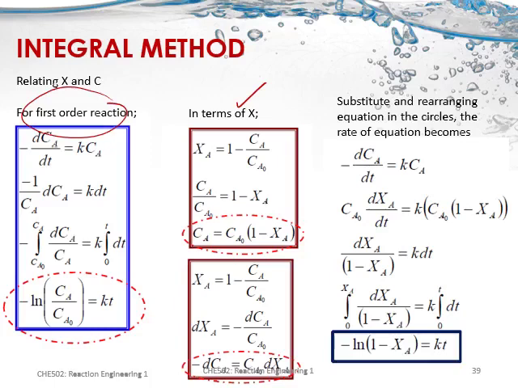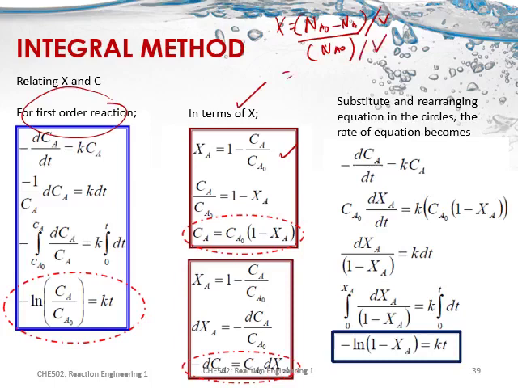Okay, how? We already know the relationship between X and C. Upon rearranging, for a batch system, it actually comes from X is equal to NA naught minus NA divided by NA naught. Alright, then you may divide by volume since you have a constant volume.